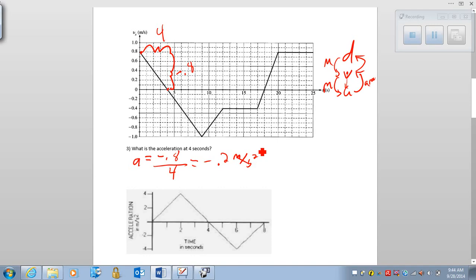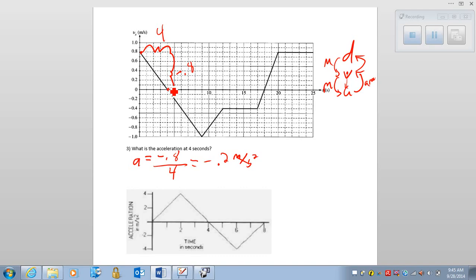Now, some of you probably thought at first, well, that 4 seconds is right on the 0 line. Isn't the acceleration 0? No, it is not. The velocity at exactly 4 seconds is 0, but the acceleration has to be the slope of the line.